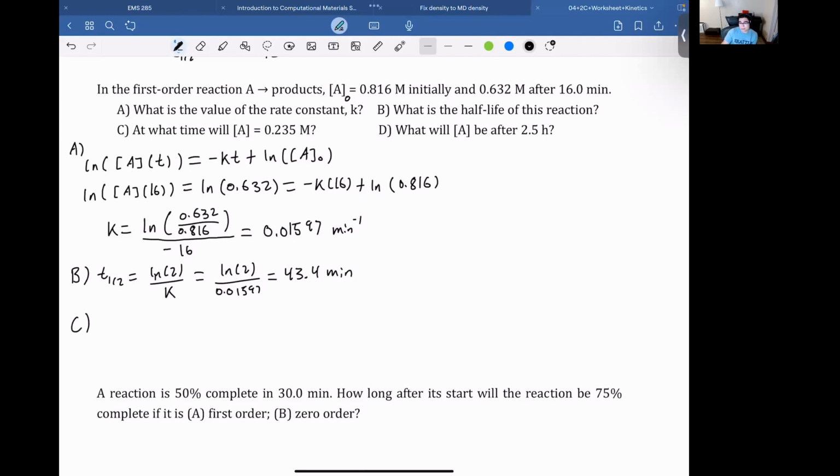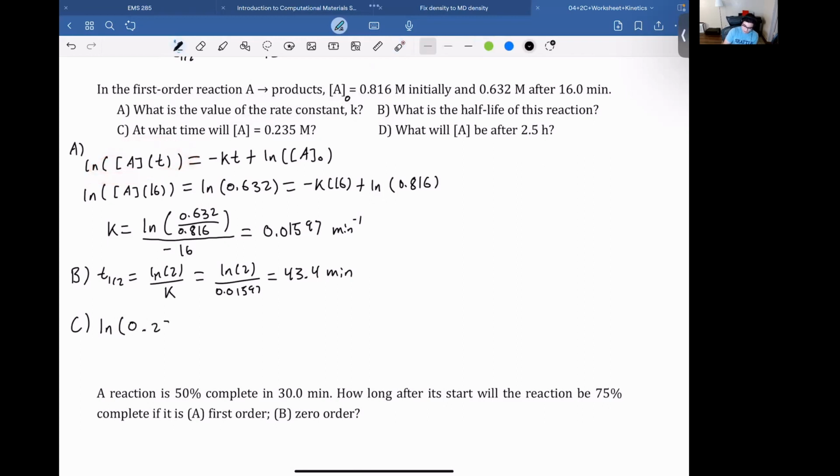C says, at what time will the concentration of A be equal to 0.235 molar? So for this, what you're doing is plugging in the concentration at some time t that we want to figure out. Sorry, 0.235. My bad, I'm misspeaking here. 0.235 is going to be the concentration at some time t.